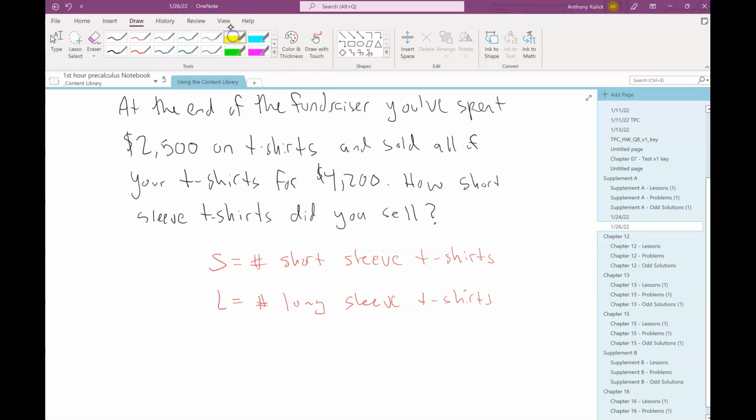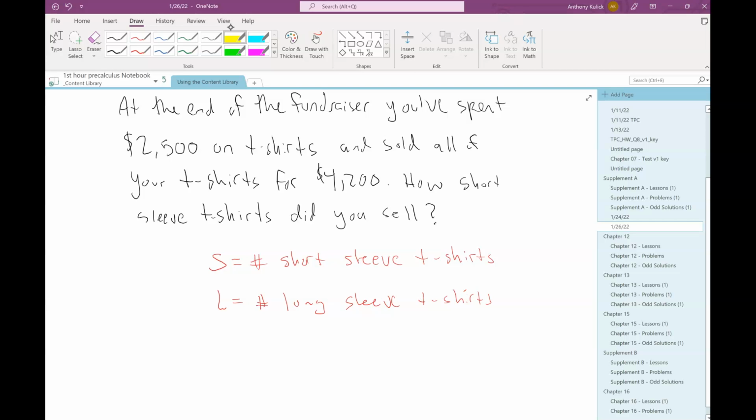So what is one of the equations going to have to represent? One has to represent short sleeve, one has to represent long sleeve. Well, if we're solving a system, which is probably a fair thing to assume from this chapter, both equations are going to have the variables S and L in them, right?